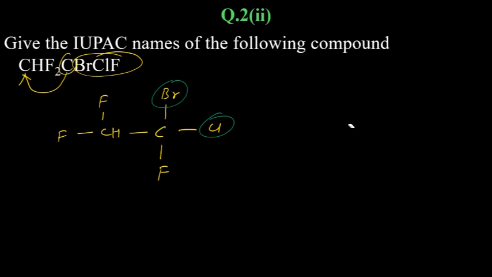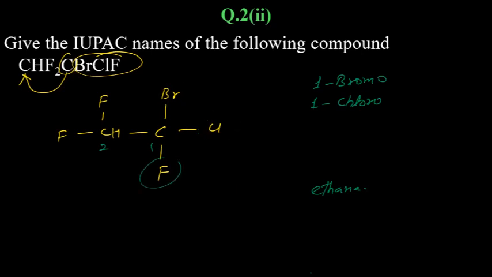So first see that it is ethane. Then write the branching. Bromine at 1 bromo. Then chlorine at 1 chloro. Then fluorine. Fluorines are at three positions, 1, 2, 2. So 1, comma 2, comma 2, trifluoro.